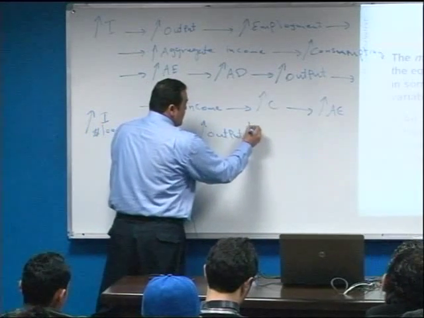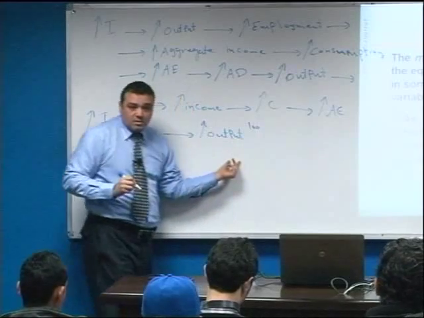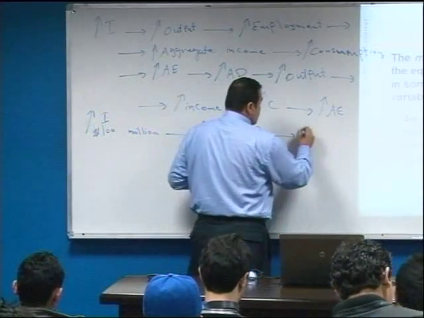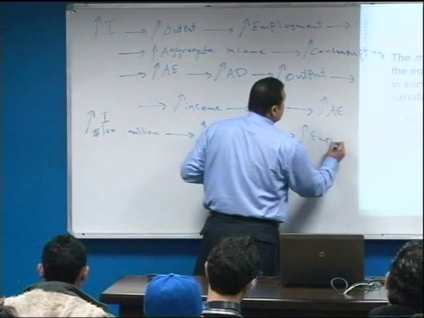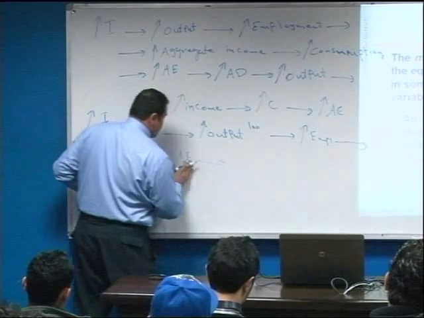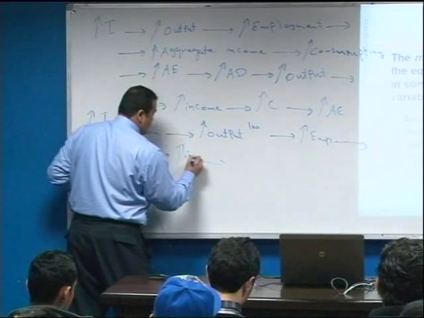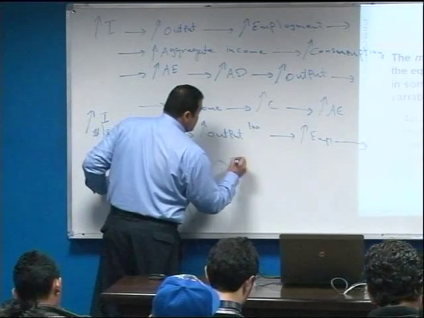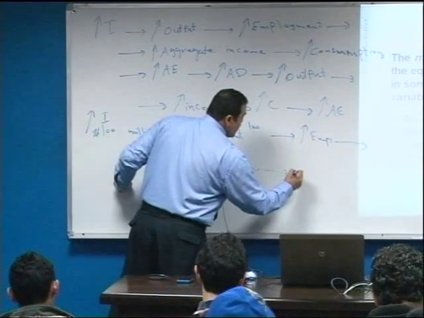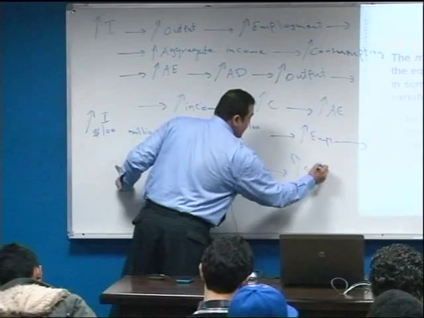Then this leads to increasing employment, then increasing of aggregate expenditure or aggregate income, which leads to increasing consumption, and then finally increasing of output once again.